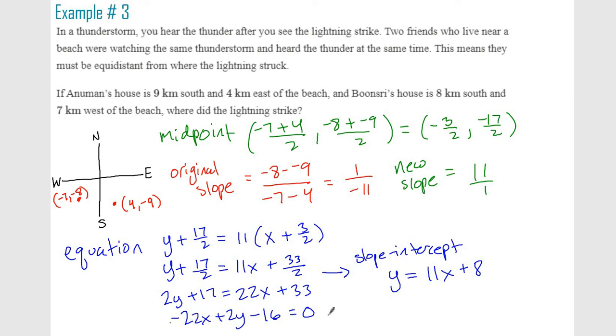But typically we don't have the x term as negative, so in standard form, you would write 22x minus 2y plus 16 equals 0. So that would be your answer. I'll go ahead and highlight that. Either one in this case, okay?